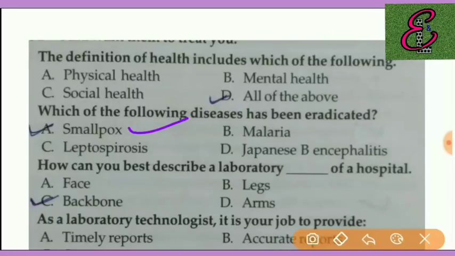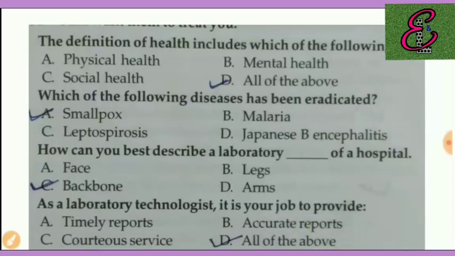Next question. How can you best describe a laboratory of a hospital? The laboratory is the backbone of a hospital. Next question.